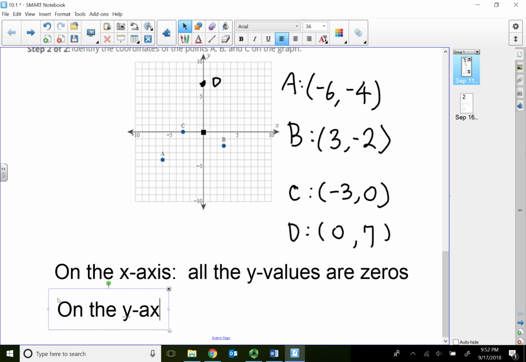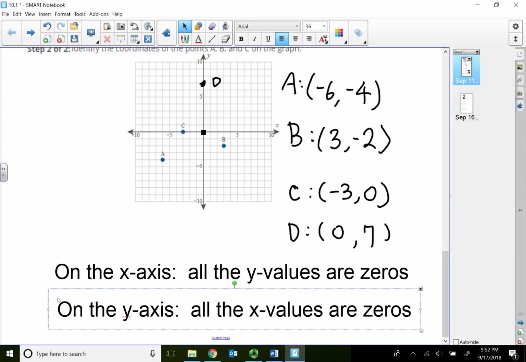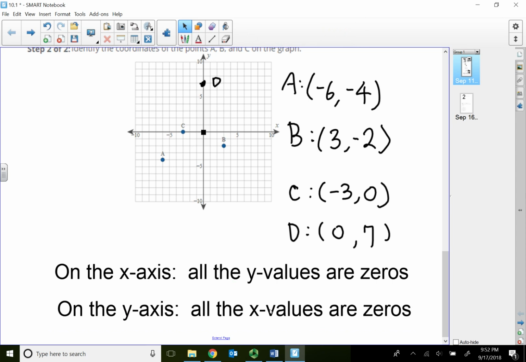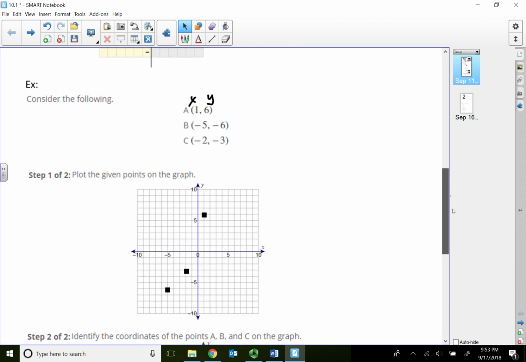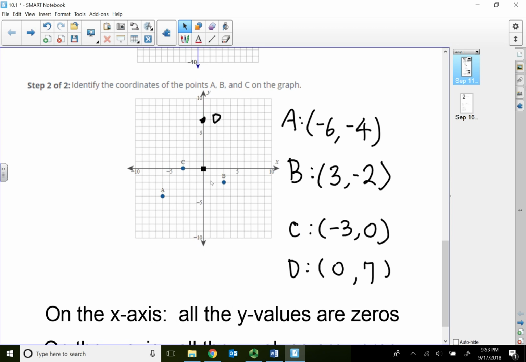So on the y-axis, all the x values are zeros. Keep these two things in mind; we will need this in other lecture videos. All right, so this is how we plot points, and this is how we identify points.